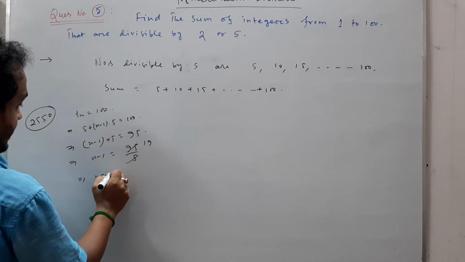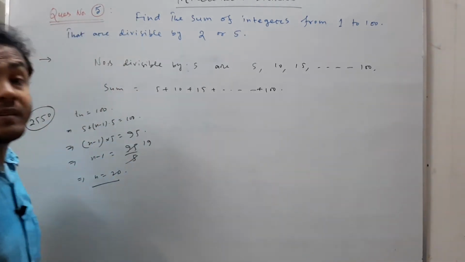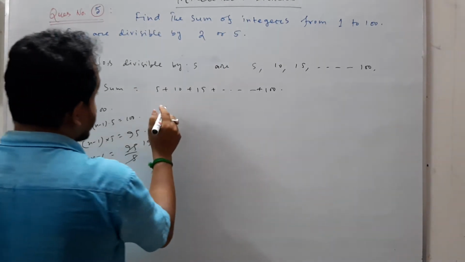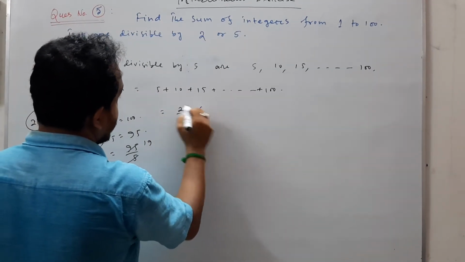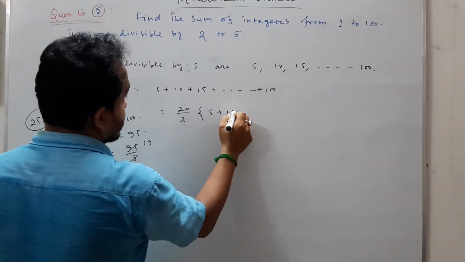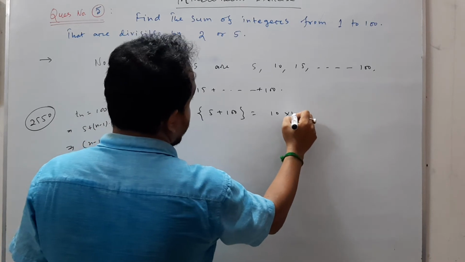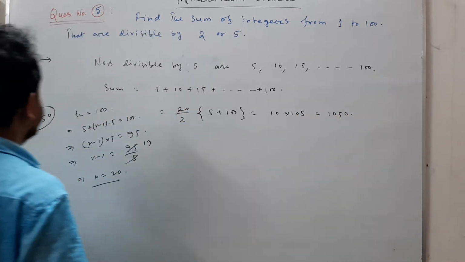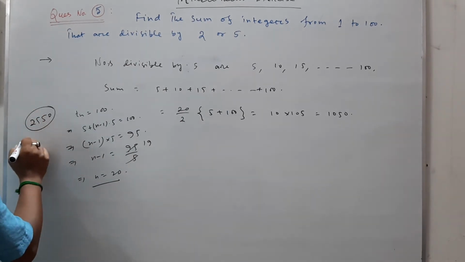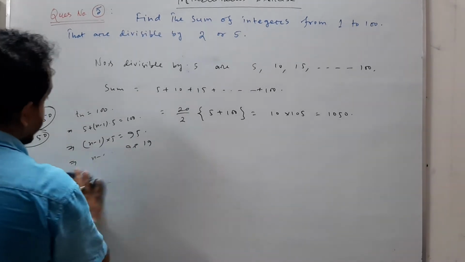That is n is equal to 20. So in this series we have 20 terms. The sum of these 20 terms is 20 divided by 2 into first term plus last term, that is 10 into 105, that is 1050. This is the sum of the numbers divisible by 5.